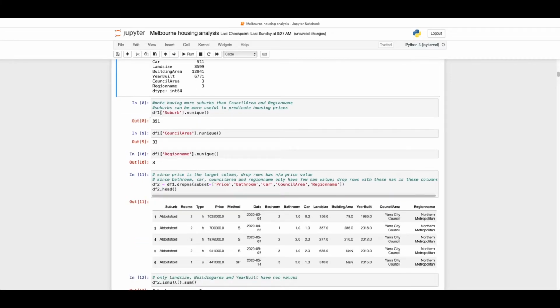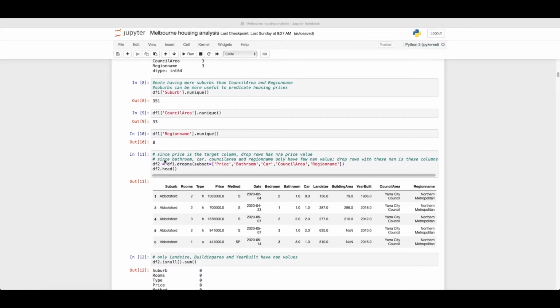So I checked how many suburbs there are. The unique suburbs number 351. I checked the number of unique council areas, 33, and the regional names. So I got the feeling the region is bigger than the council area, and the council area is bigger than the suburb. So suburb is like a neighborhood.